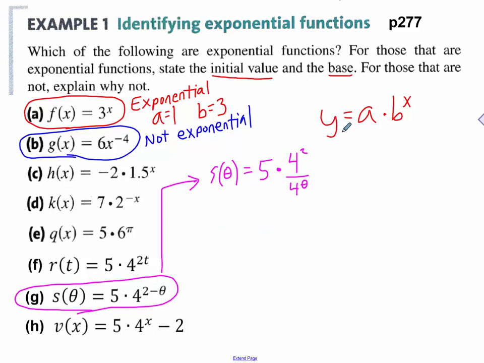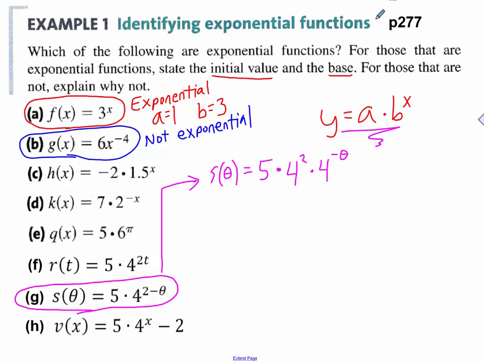However, to see if we can make it in the form of a times b to the x, rather than using that quotient property of exponents, I'm going to use the product property of exponents, which you should also be familiar with. That's the one that says I can think of that as 4 to the 2 power times 4 to the negative theta power. Recalling that if we just add those two exponents, 2 and negative theta, that gives us the exponent we had in the original problem.